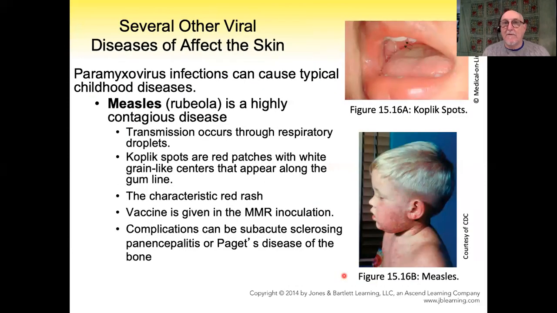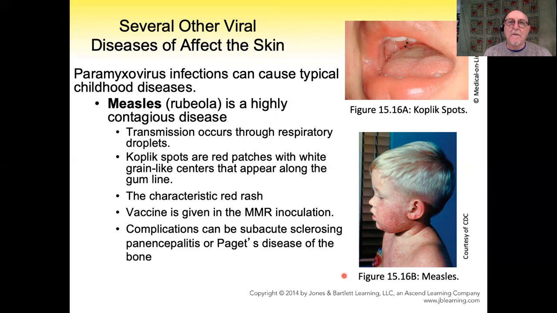we'll just talk about a couple of the other diseases that primarily manifest as diseases of the skin. Here's one of the most dangerous of all of the childhood illnesses, and that is measles. And this is a group of viruses called paramyxoviruses, and they cause a group of different childhood illnesses.